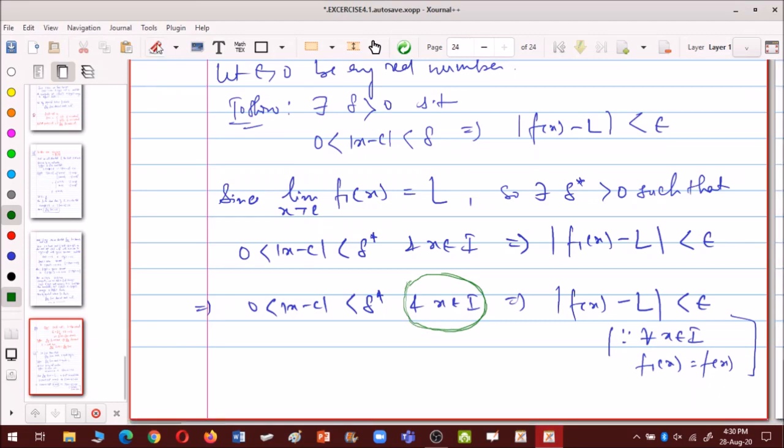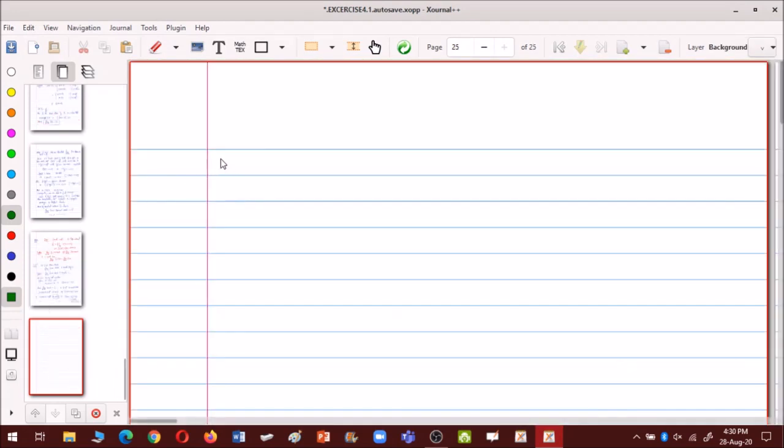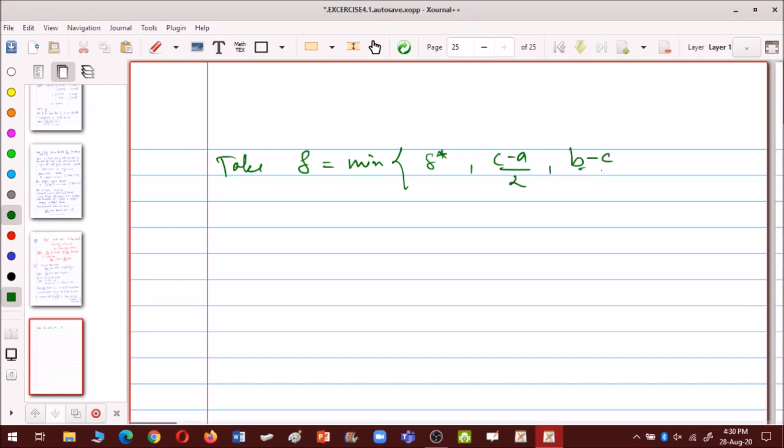So what we will do, we will take delta equal to the minimum of delta star, (c minus a) by 2 and (b minus c) by 2, where I is equal to (a, b). So I am assuming that I is equal to (a, b).